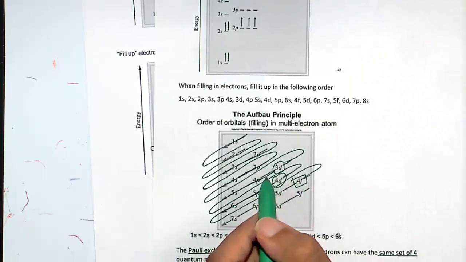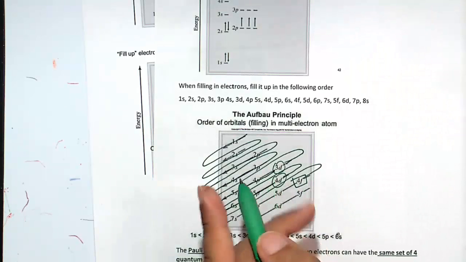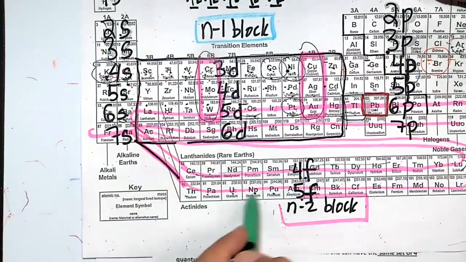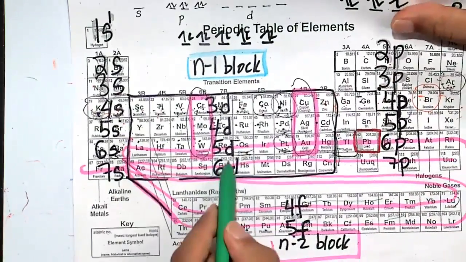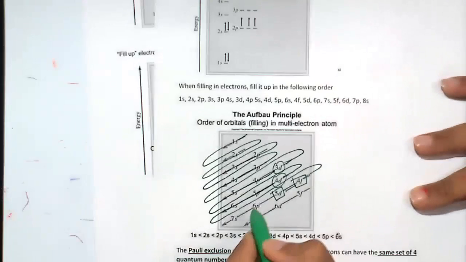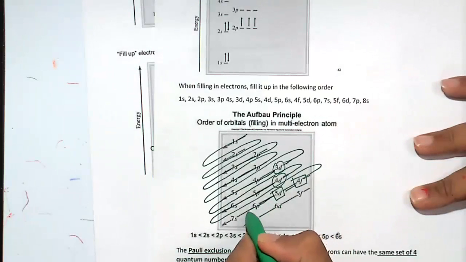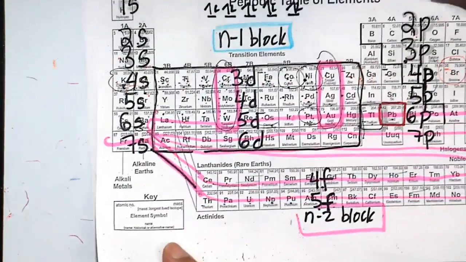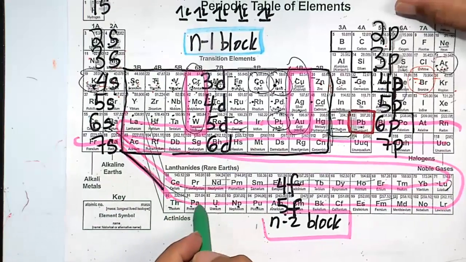Okay, the F block. After 6s we go to the F block, lanthanides and actinides. After 4f we come back to fill the D, and then P, and then 7s. After 7s, where do we go? We go to the 5f.